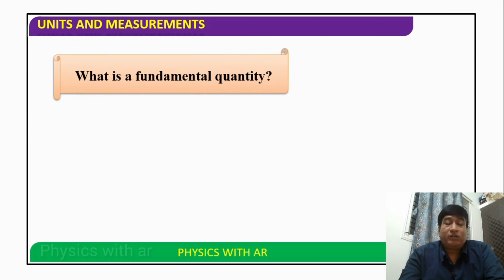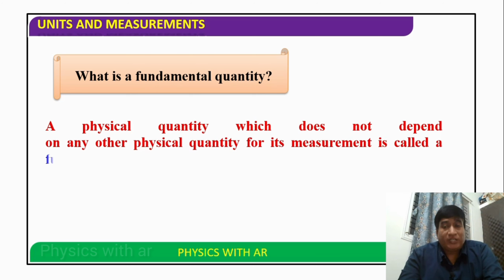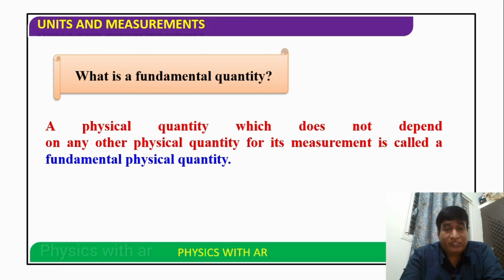So what are fundamental quantities? A physical quantity which does not depend on any other physical quantity for its measurement, that is, it is independent, is called a fundamental physical quantity.